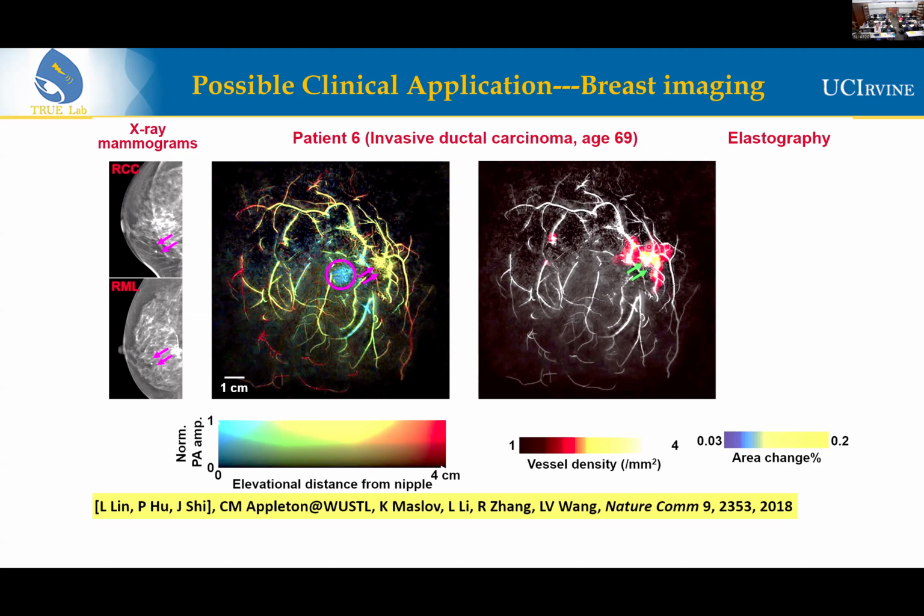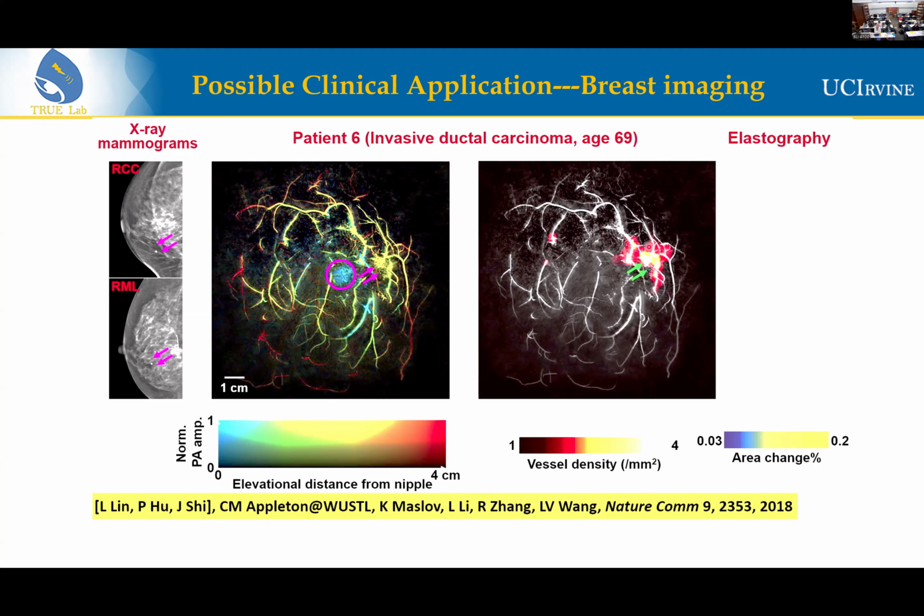So just for screening, imagine how much dose you take for each scanning, and how many scannings you need to take every year. But photoacoustic imaging really doesn't have any ionizing radiation at all. That's a big plus.